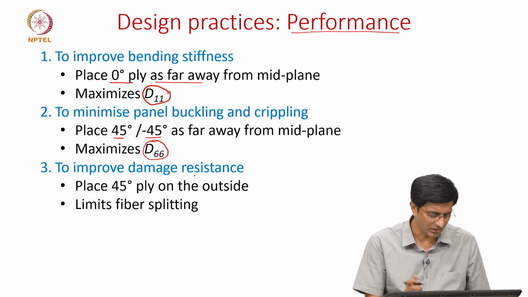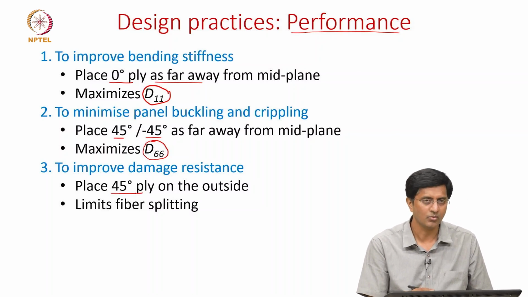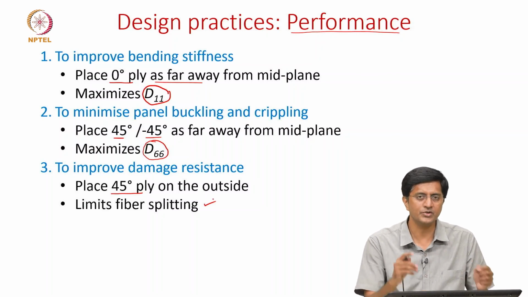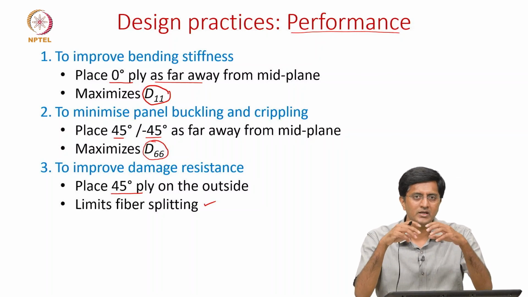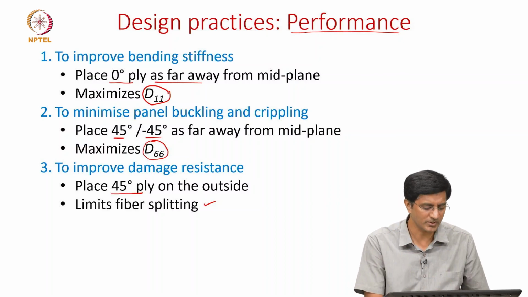For that, we ensure that we place 45 degrees ply on the outside. Why is it so? Because it limits the fiber splitting. If it is the 0 degrees ply, it takes all the loads and the failure immediately happens at the top surface. But if it is a 45-degree ply, it transmits the load to the layers below it, so that there is less fiber splitting happening in the top layer.